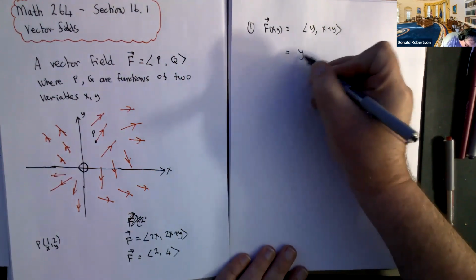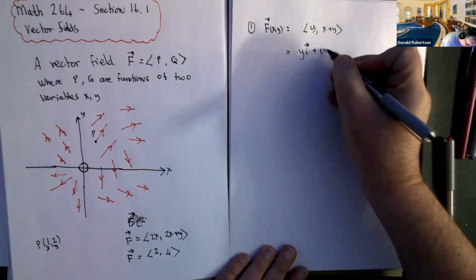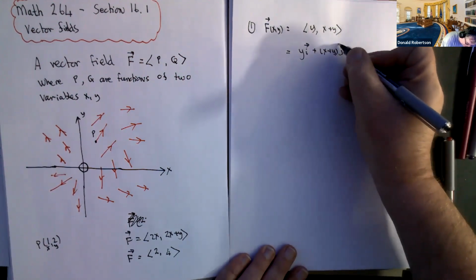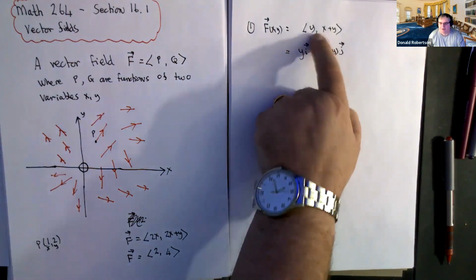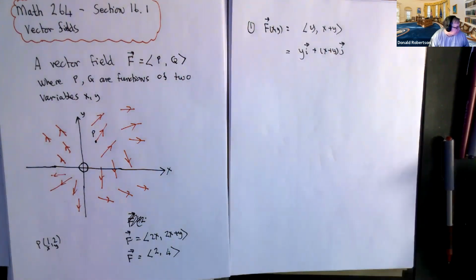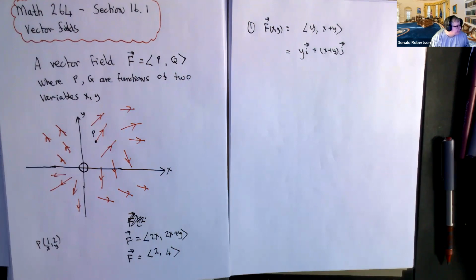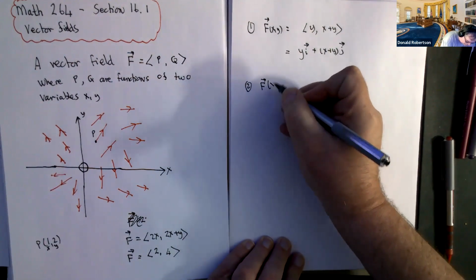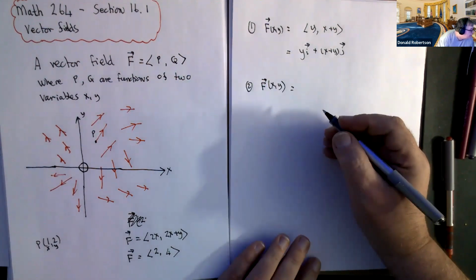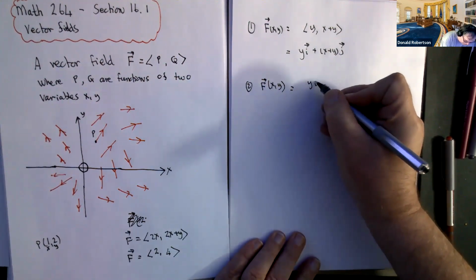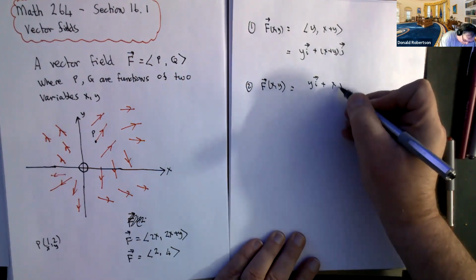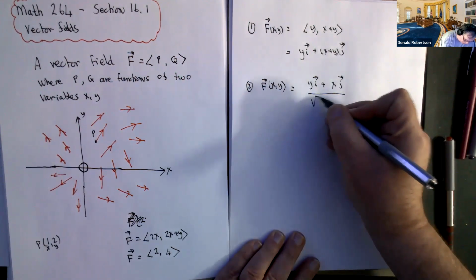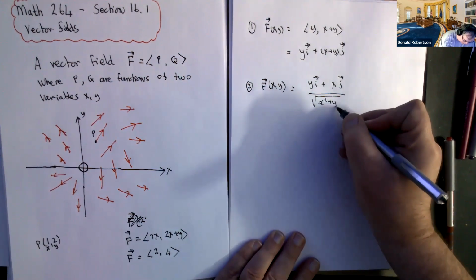They can also give you a vector written in that format. I don't like that format, but it's the same thing. Now, if I zoom in on question 2, the vector field we're going to draw has a formula that looks like this: yi plus xj over the square root of x squared plus y squared.